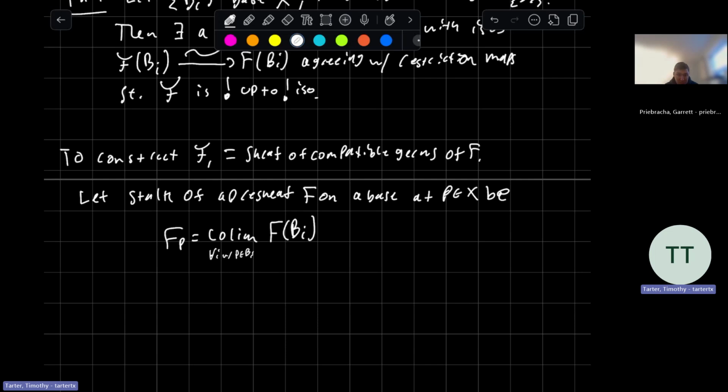And so we're basically identifying all of the things that end up agreeing at some point into sections of compatible things. This is exactly the definition of a colimit, and it's also exactly what we want the stalk of a presheaf to be.